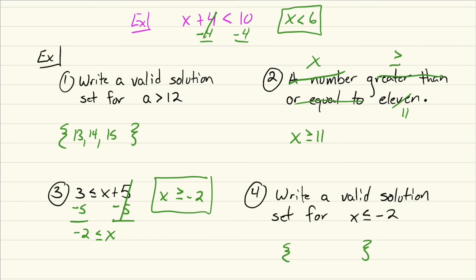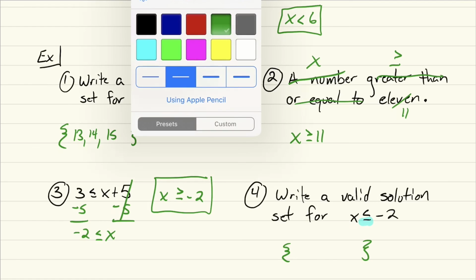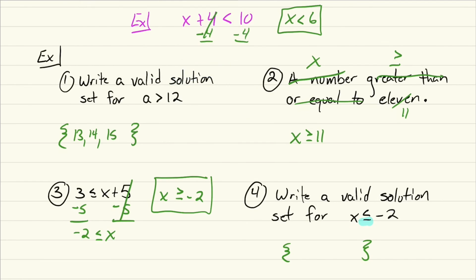But one of the biggest things that we can do here is realize that it gave us x is less than or equal to. So in this problem, I can pick any numbers that are less than negative 2. So like I could say negative 10, I could say negative 5, but I could also choose the number that's equal to negative 2, which is negative 2 itself.